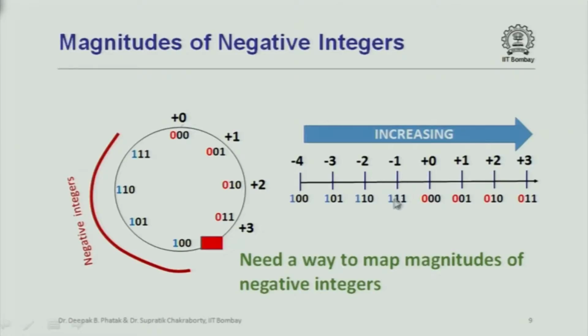I mean the most significant bit does tell me that it's a negative number, but how do I figure out the magnitude? How do I figure out that the magnitude is 1 from there, right? Similarly, if I give you 1, 0, 1, I need to figure out that the magnitude of this is 3. The MSB tells me that it's a negative number, but how do I figure out the magnitude? So we need a way to sort of map from here to the magnitudes, right?